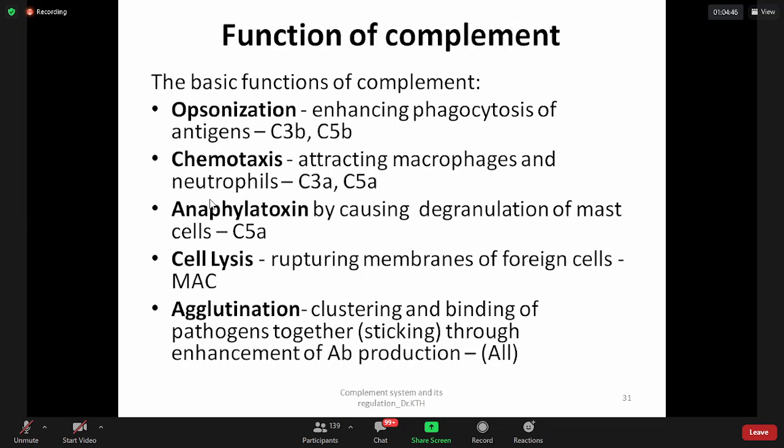All these complement proteins that we've seen, right from C2a, C2b, C3a, C3, all of these enhance antibody production because they act as a unit, okay, to enhance antibody production, and this will enhance agglutination.